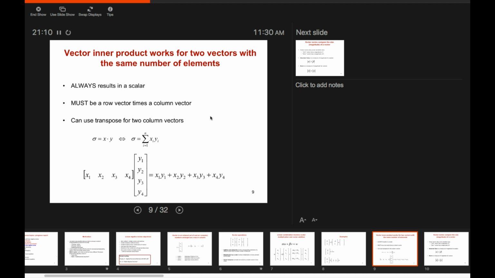And in that case, I have to have a row vector times a column vector. And the way I'm going to define my inner product is x1 times y1 plus x2 times y2 plus x3 times y3 plus x4 times y4. So this is in case that I have 4. If I have more or less, I can keep going.